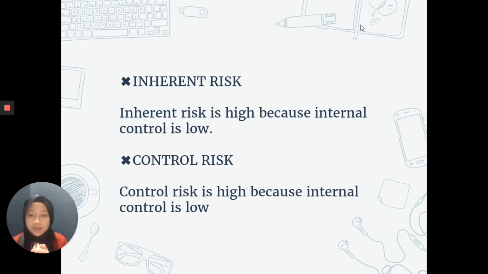control risk. Control risk is high if the control is low. Another component of internal control, which is the control environment, can be expressed in this question. Also, information and communication.